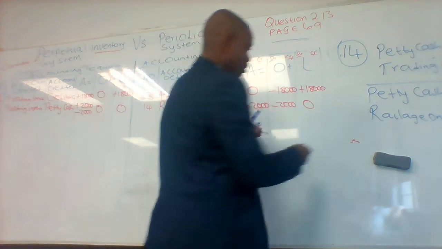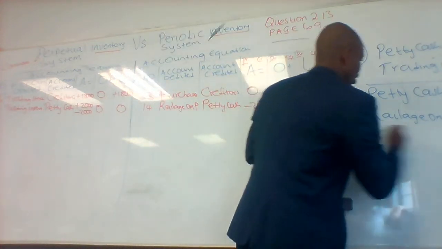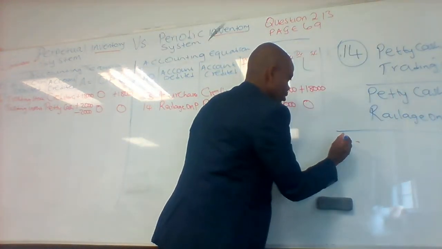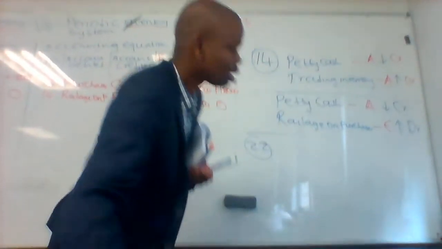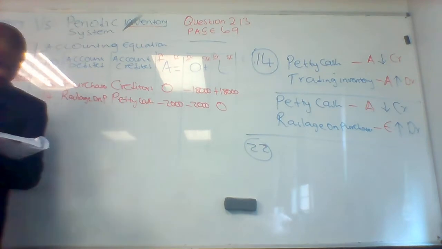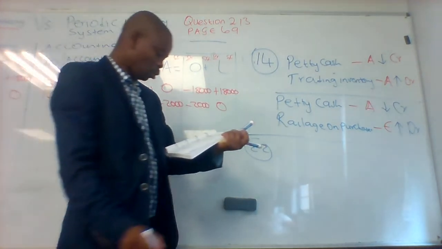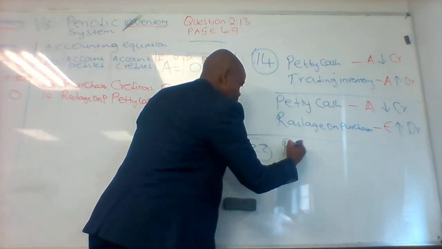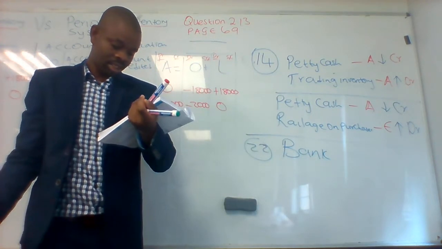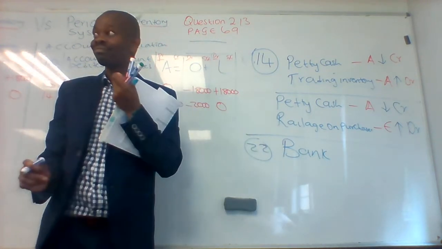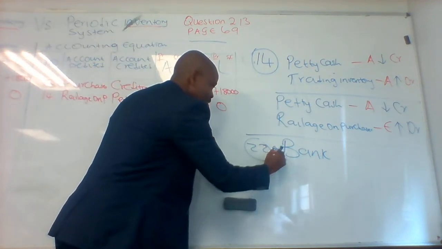Okay, the date is what? 22nd. Let's do the 22nd, guys. Give me the accounting book. Bank, because you sold for cash. You said bank. I agree. And what? Sales. This is the A part.